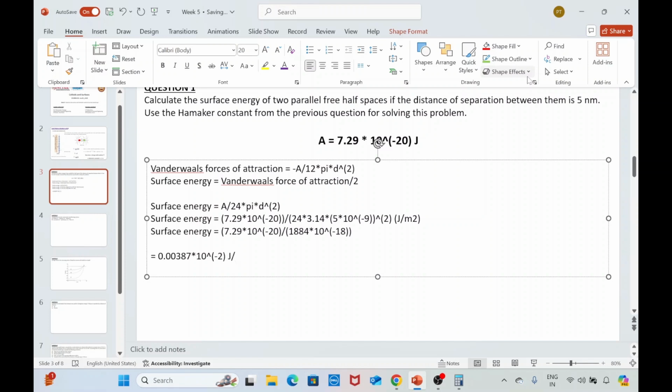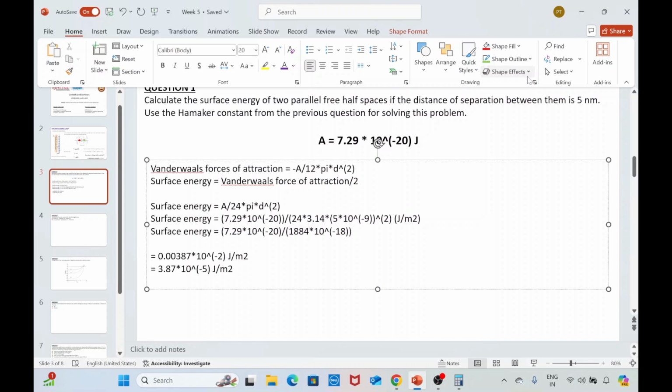Again, the units are joule per meter square. So this can be expressed as 3.87 times 10 to the power minus 5 joule per meter square.